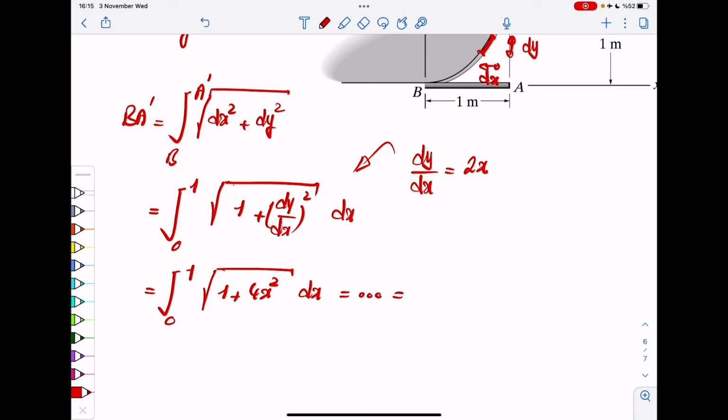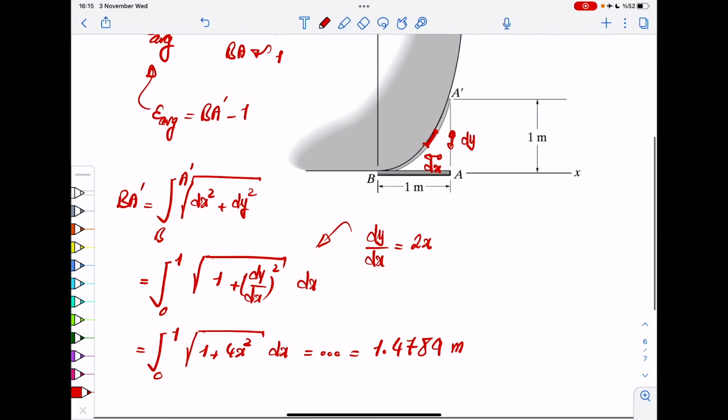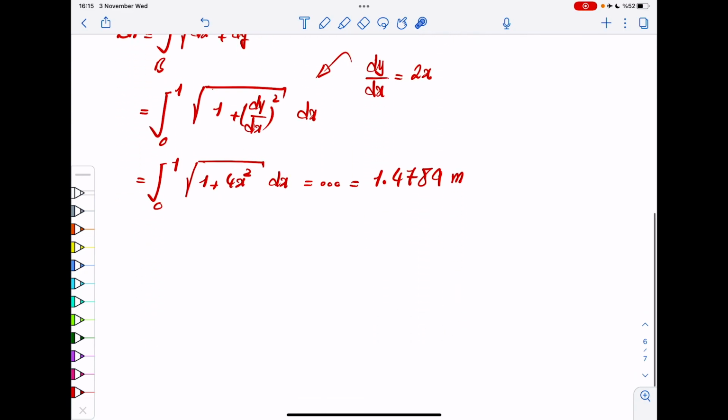So you can just integrate it using the formulas that you know better than I do, or you can use your calculator. You get something like 1.4789 meters. All right? So that's your final length. You subtract 1 from it, and you get your strain.